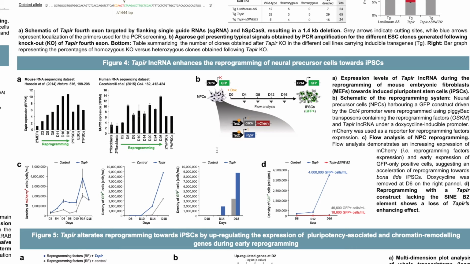And as soon as we add this, we can see that a lot of GFP, the reprogramming happens quite quickly when we add Tapir, and we see GFP expression much earlier, which means that more iPS cells are forming much earlier when we overexpress Tapir versus the control. And here's another graph, another way of showing it, that as early as day 14, we have some green cells, where in the control you don't really have many, and this is much higher even at day 18 of reprogramming.